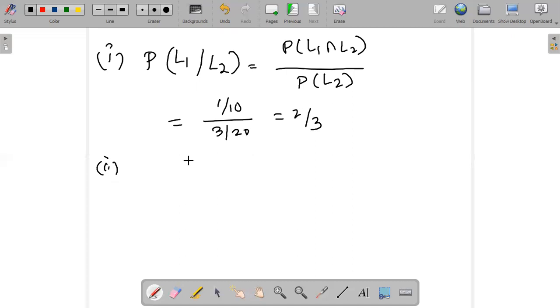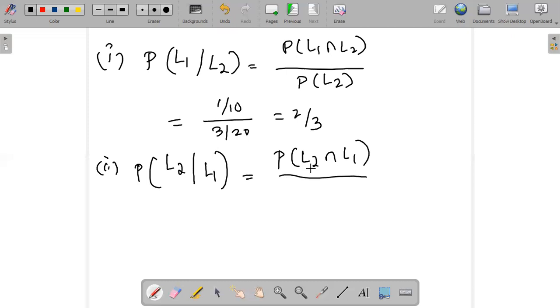Now, second one was if he failed in second language, if he had failed in first language. So it is L2 given L1. This will be L2 intersection L1 over P of L1.